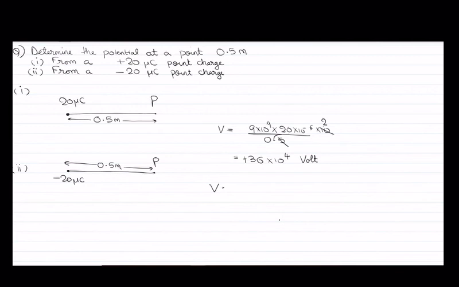So the potential will be 9 into 10 to the power 9, into, now we have to write the charge along with sign, minus 20 into 10 to the power minus 6, divided by R, which is 0.5. On solving it, we get minus 36 into 10 to the power 4 volts.